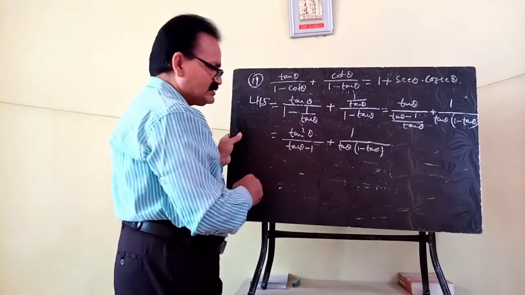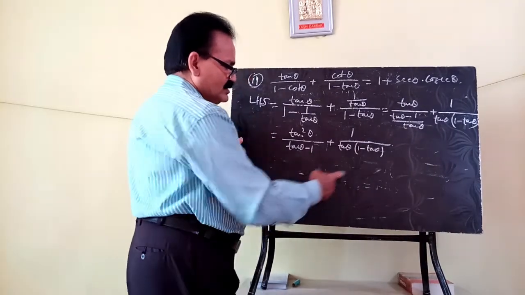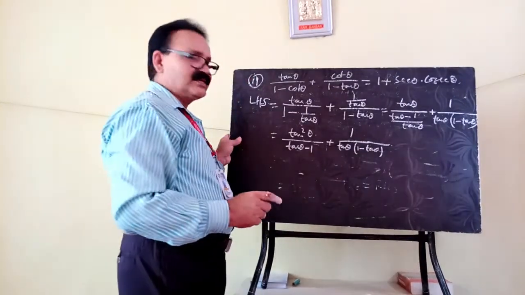Okay, here you can see that tan theta minus 1, here it is 1 minus tan theta. So you must take minus 1 common.